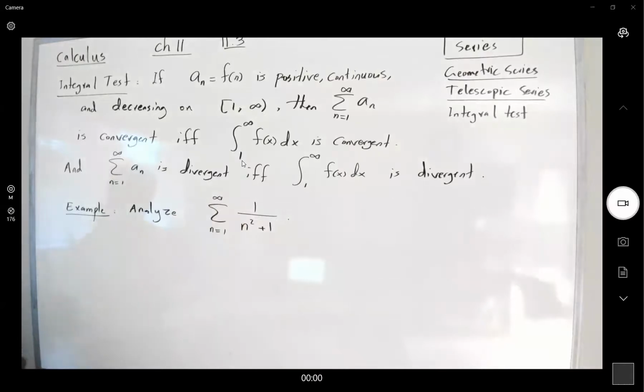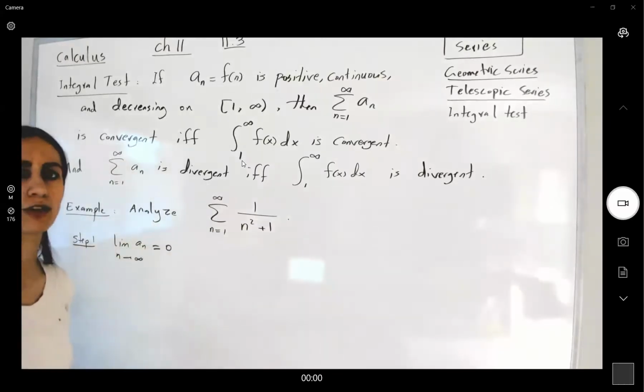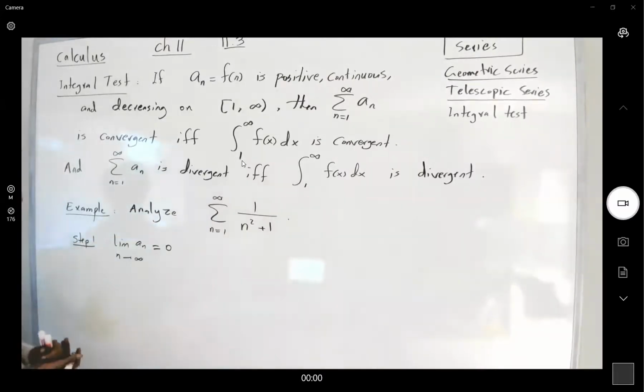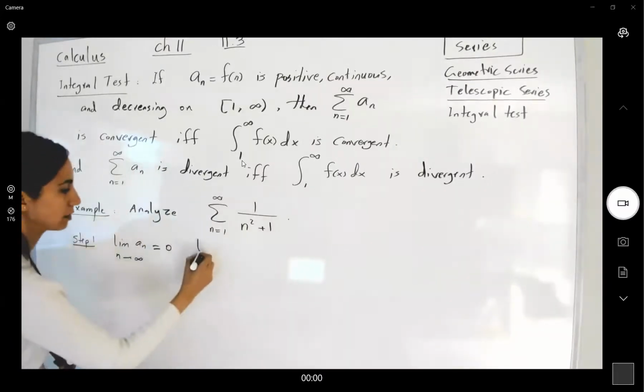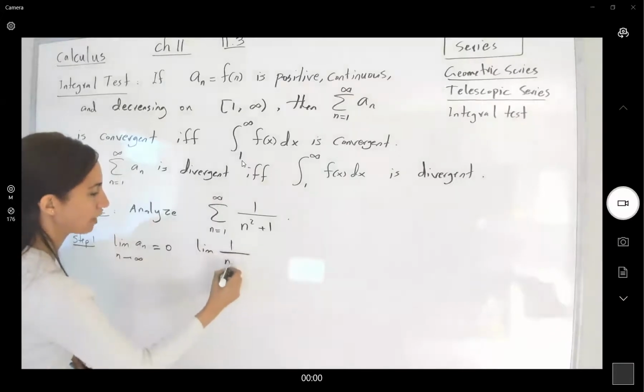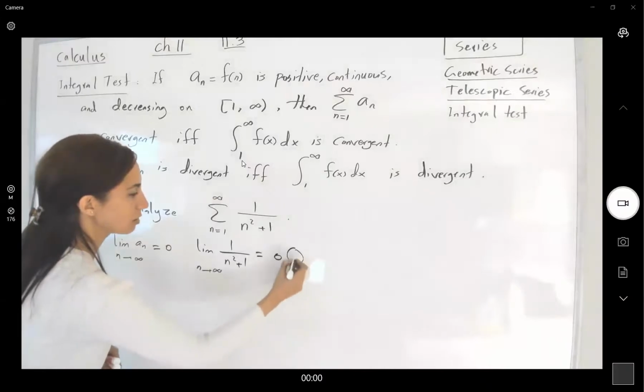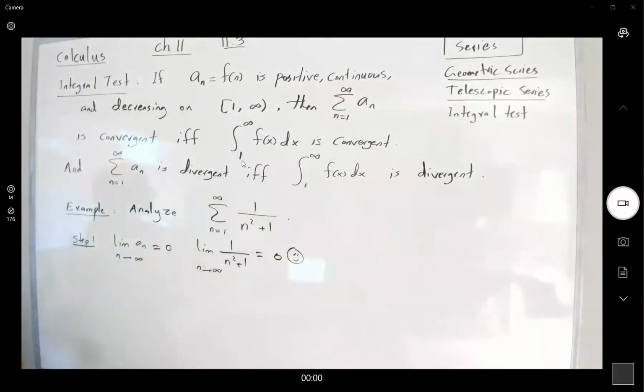Remember, our step 1 was to check to see if the limit of a n as n approaches infinity is equal to 0. If it's not 0, we don't bother to go to the next step. So the limit of a n is the limit of 1 over n squared plus 1 as n approaches infinity, which is 0. So we're allowed to go to step 2.